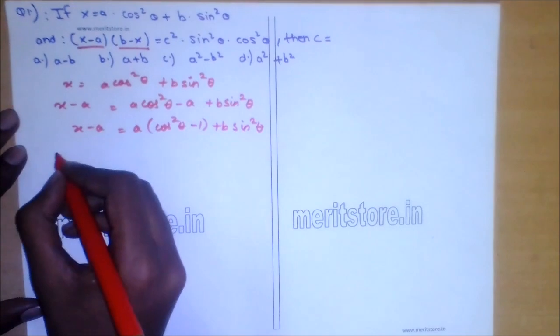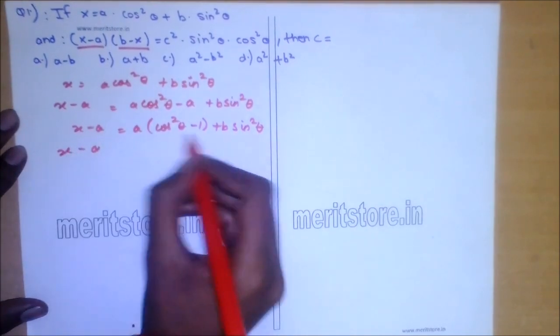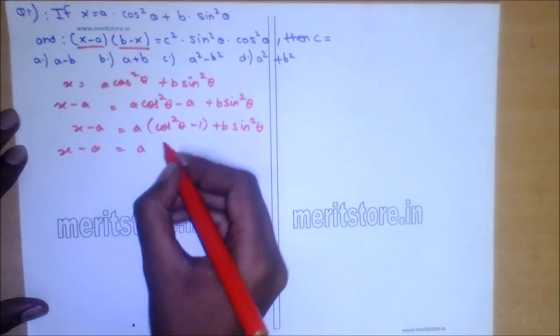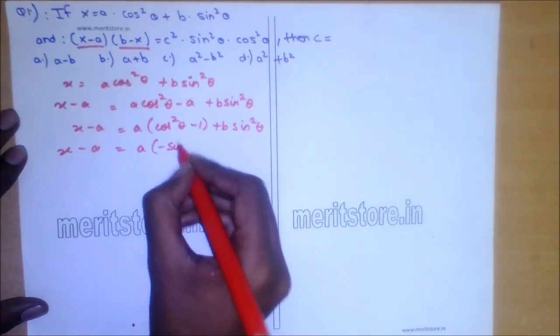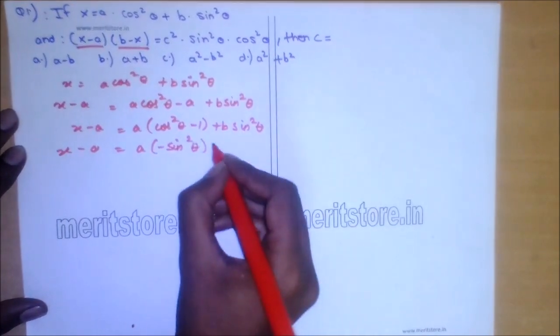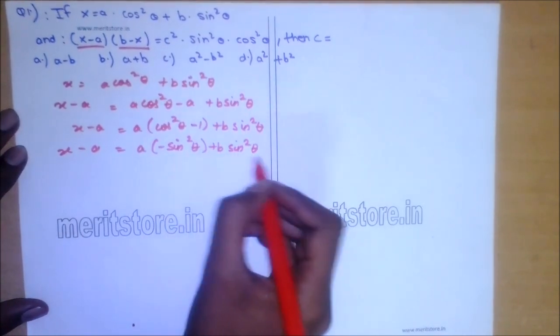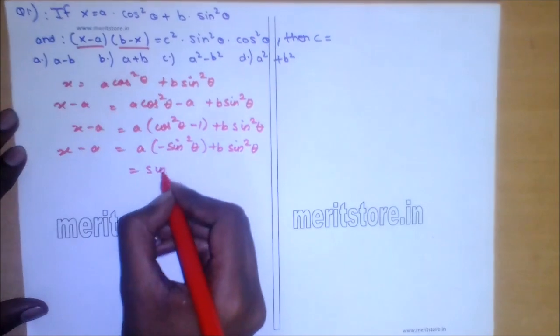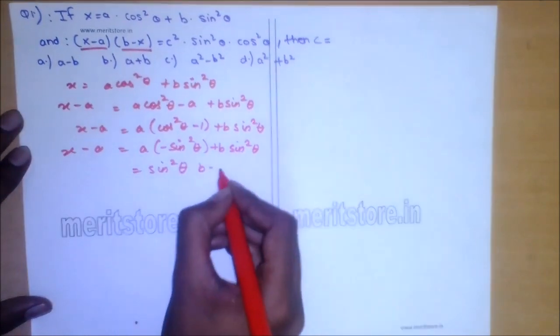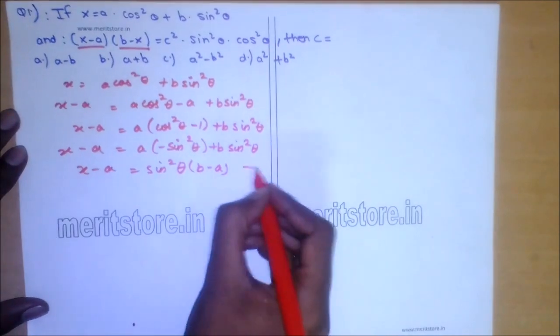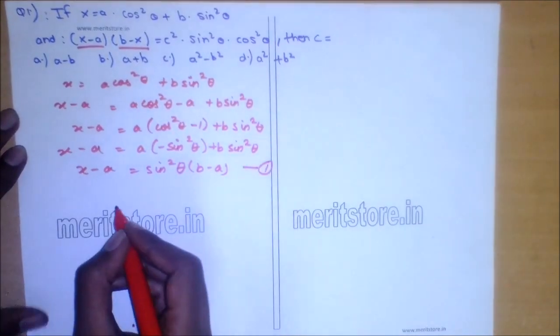Cos square theta minus 1 is minus sin square theta, so a times minus sin square theta plus b sin square theta. Now we take sin square theta common, so we get sin square theta (b minus a), and this is x minus a. Let this be equation 1.